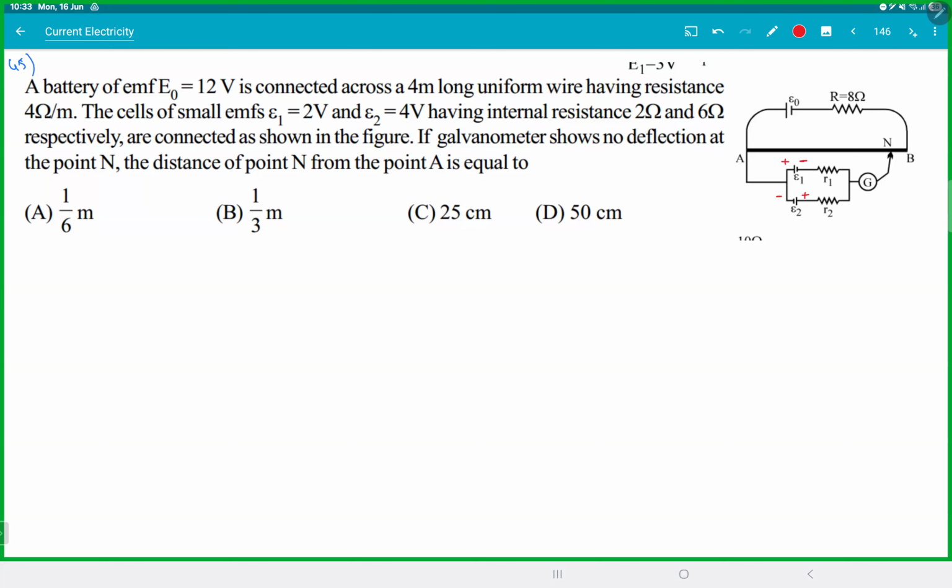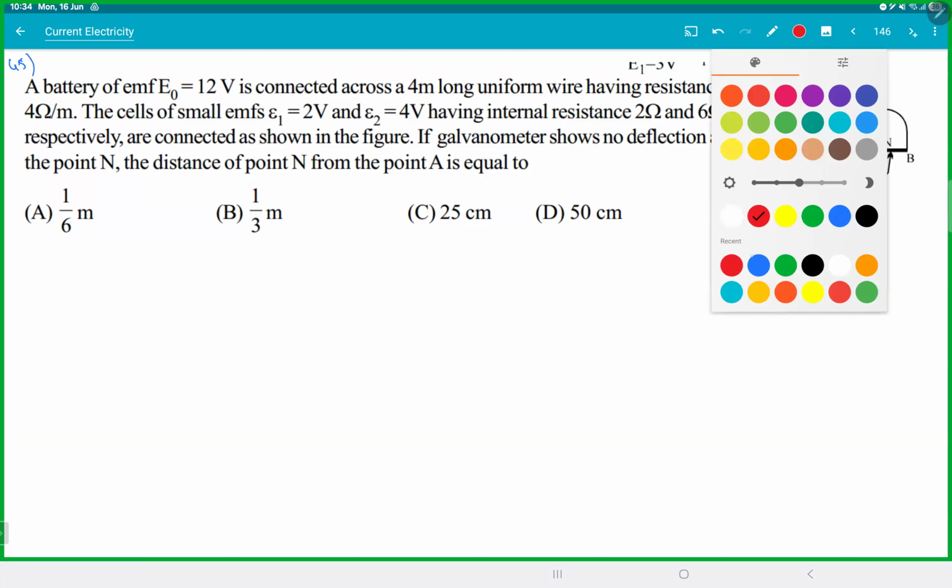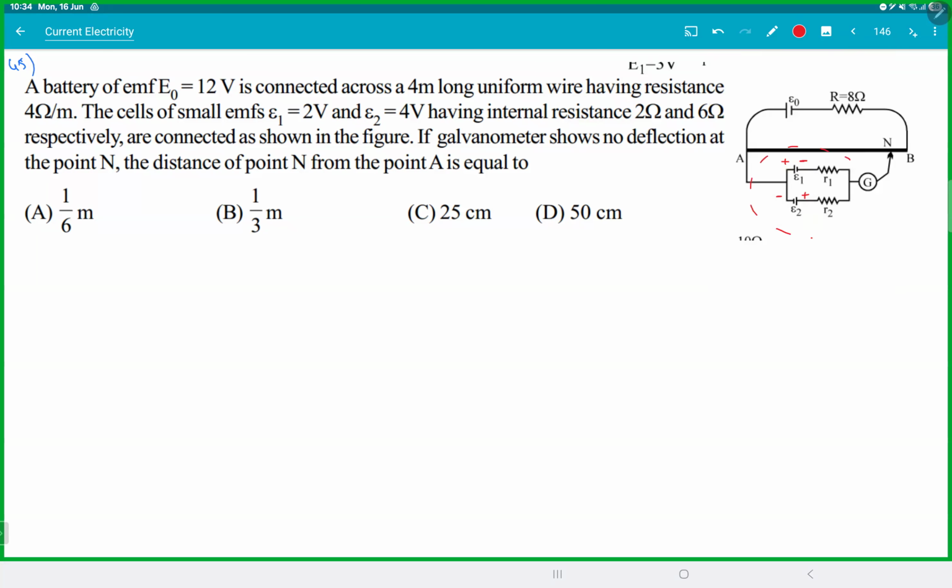How do we do this? Anyone remembers? You can replace this whole thing with one battery, isn't it? Last class I taught you. What is the formula? E equivalent is (E1 R2 minus E2 R1) by (R1 plus R2) because they're in reverse polarity.